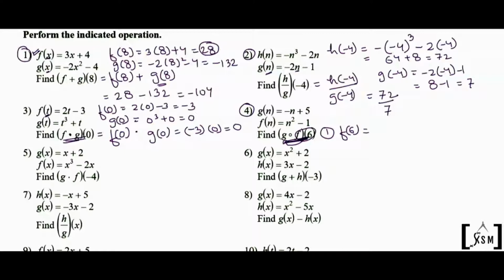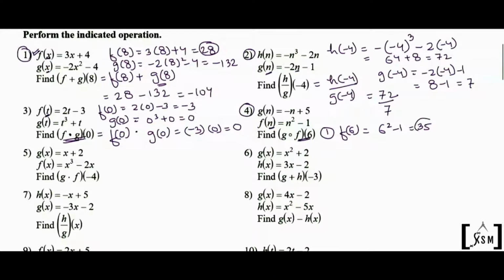To find f6 value, in place of n for function f, I will plug in 6. So I get 6 square minus 1, which is 35. So f6 is 35. Now guys, I had told you that after getting f6, that value you will plug into the g function.